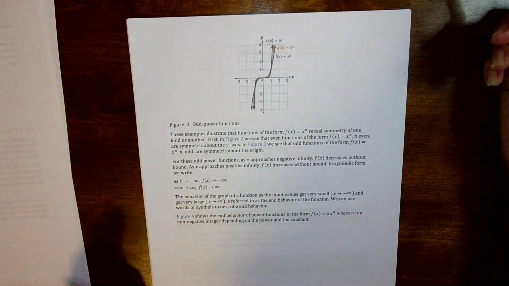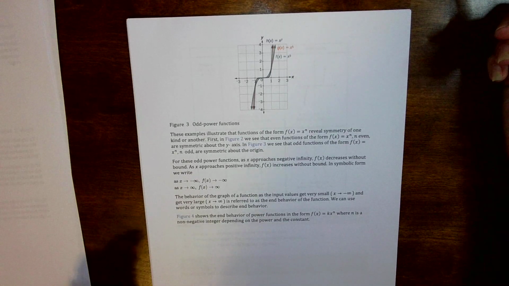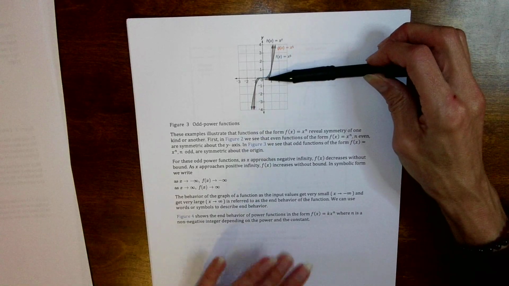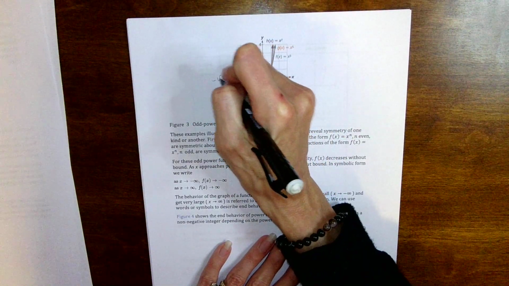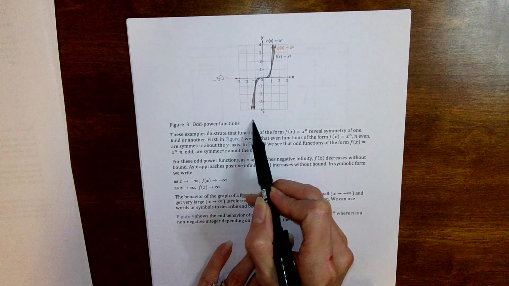For these odd power functions, as x approaches negative infinity, f of x decreases without bound. As x approaches positive infinity, f of x increases without bound. So as x approaches negative infinity, negative infinity is this way, and these numbers get more negative.